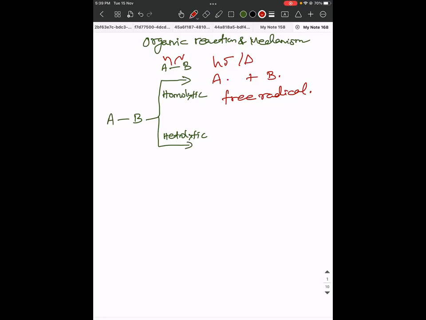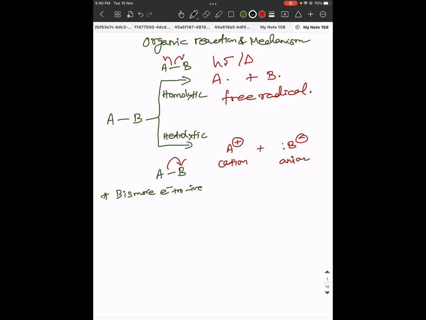Heterolytic fission means when you have A and B, and B is more electronegative than A, the splitting takes place so that the pair of electrons goes towards the B side. It will give A plus, a cation, and B with a negative charge, an anion.